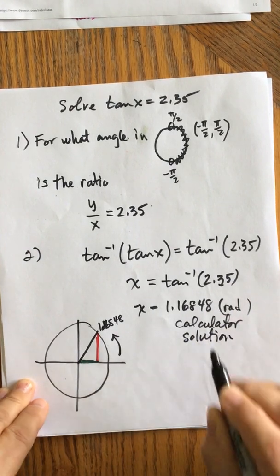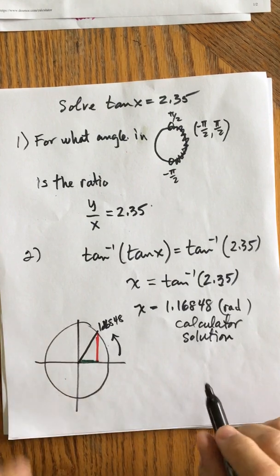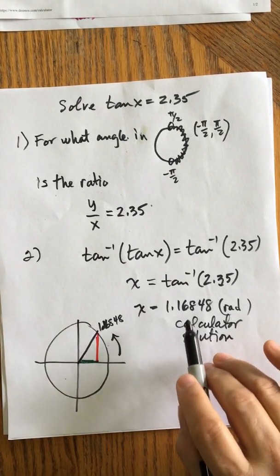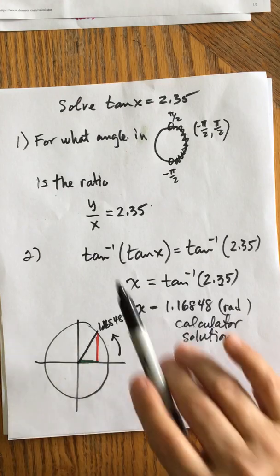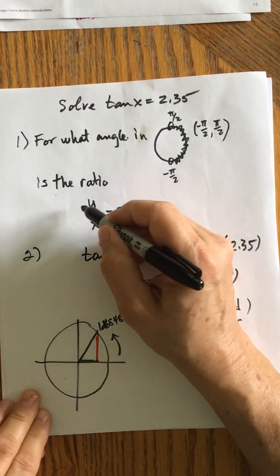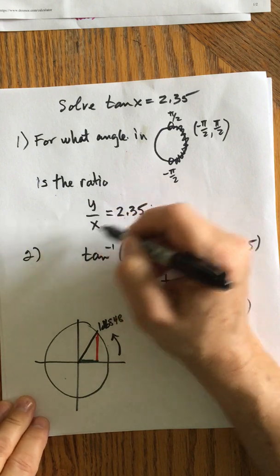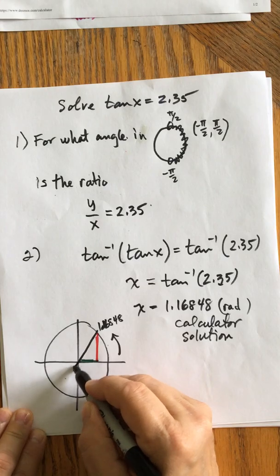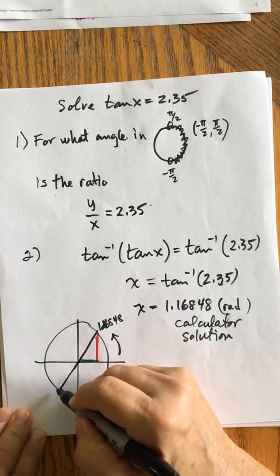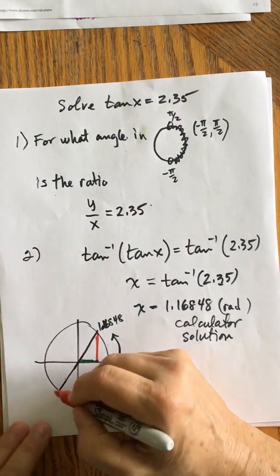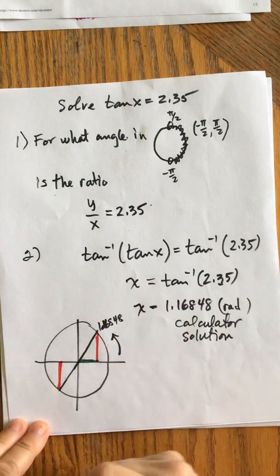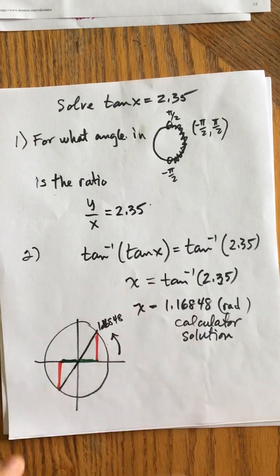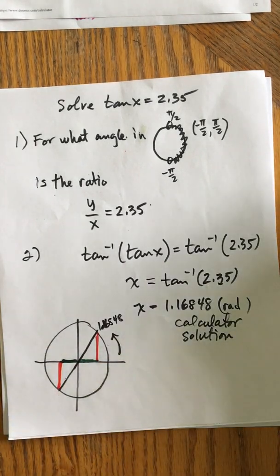But then I've got to ask myself, where else on the unit circle is it that I also have this ratio? And remember, they could both be positive or they could both be negative, and the ratio comes out positive. So if I just go out 180 degrees, or pi, and then again drop to the x-axis, what I'd find is the ratio of this y length to the x length is 2.35.